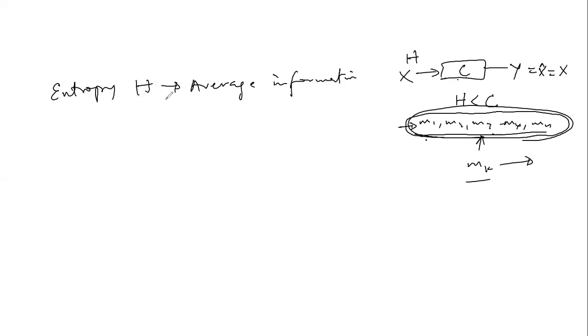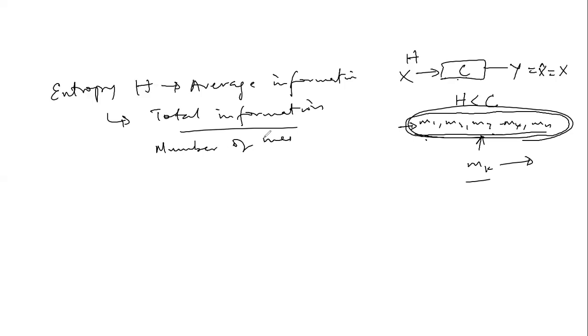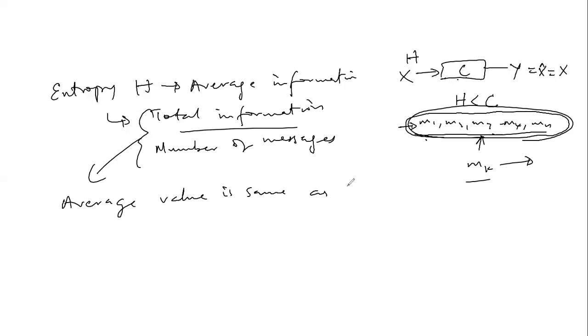So this means that the entropy is the same as the total information divided by the number of messages. That's the only way we can average over this. And statistically, the average value is the same as the expected value. Okay?